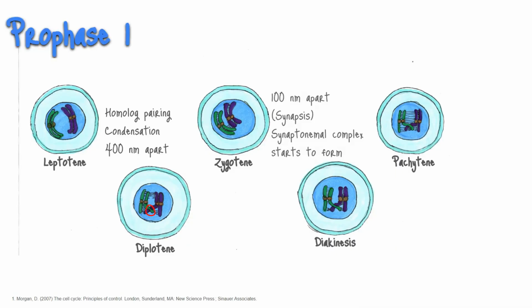In zygotene, homologs are brought even closer together, to a distance of about 100 nanometers, in a process called synapsis. An array of protein filaments called the synaptonemal complex is assembled between the homologs. Pachytene is the stage at which the synaptonemal complex is complete, and homologs are tightly linked along their entire lengths.